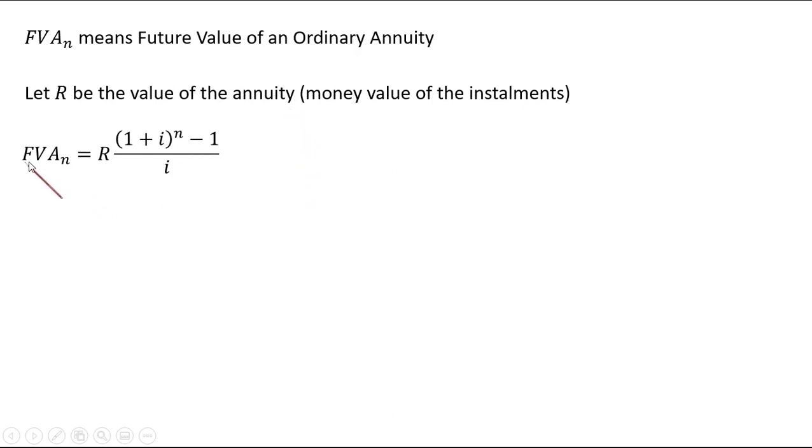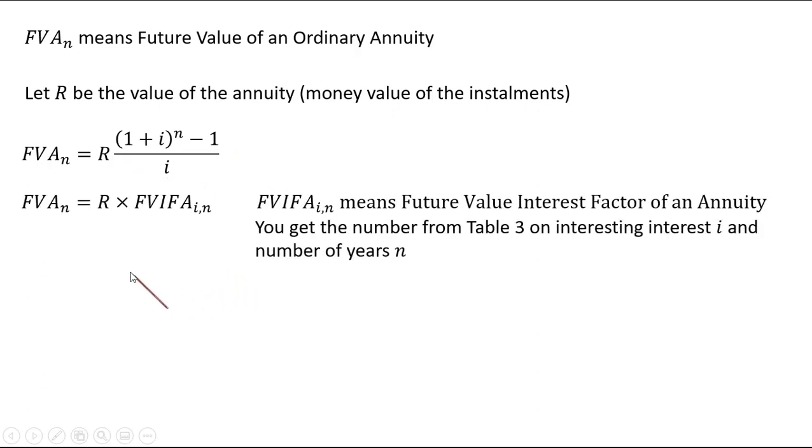So the formula for the future value of the annuity is given as R multiplied by 1 plus I the whole raised to n minus 1 the whole upon I. Or you can use the table number 3, to get the future value of the interest factor of the annuity, which is also written as FVIFA, and multiply that number with the annuity R, where you can intersect the interest column and the number of years to get this particular number. We're going to understand this in some examples.